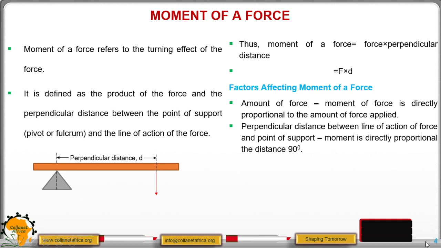This explains why it is easier to loosen a tight nut using a spanner with a long handle than one with a short handle. That means the moment of force is directly proportional to the distance between the line of action and the point of support. And also, the SI unit of moment of a force is Newton meter.